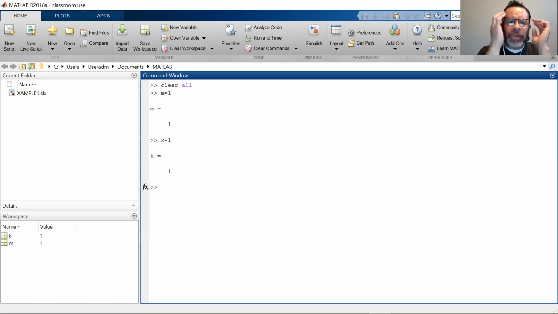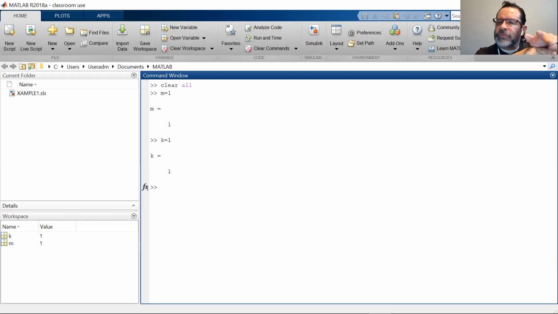Okay, M and K. Now, I mentioned before that if you're going to be using MATLAB, you need the MATLAB that has the control systems toolbox, because it's the one we're going to be using. If it doesn't have the control systems toolbox, you're not going to be able to follow what we're doing. So I'm going to be using a function that's part of the control systems toolbox, called TF.